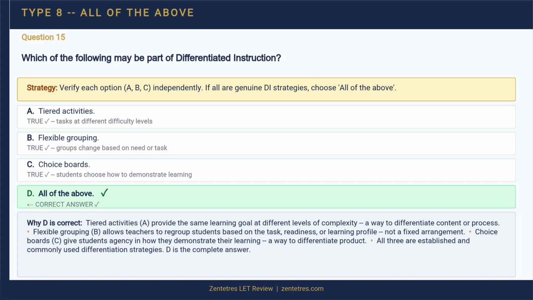Students are grouped differently depending on the task, readiness, or interest, not locked into permanent ability groups. C. Choice boards. Yes. Students choose from a menu of activities how they want to demonstrate their learning. Differentiating by product. All three are established and practical tools of differentiated instruction. The answer is D, all of the above.